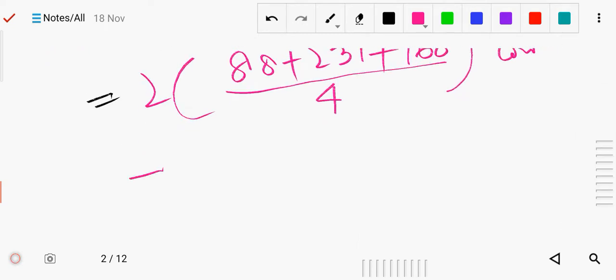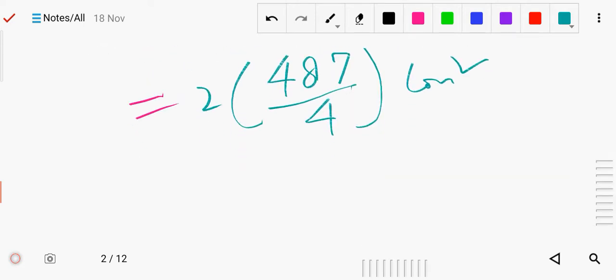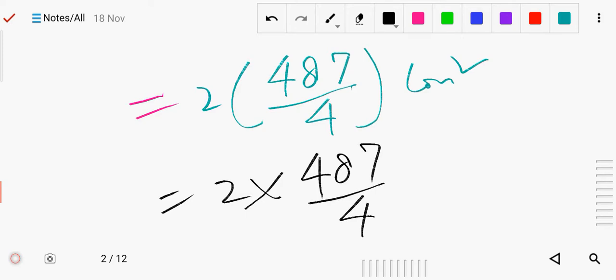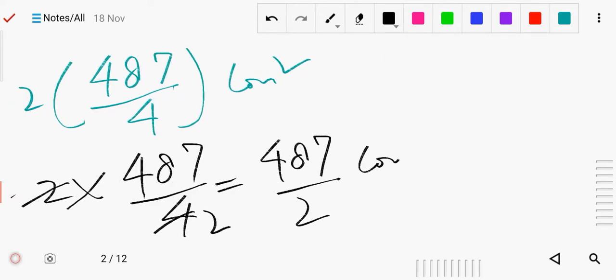Now 88 plus 231 plus 168 is 487 by 4 centimeter square. Now we can remove the bracket, 487 by 4, and this 2 will cancel 2 times. So now it is 487 by 2 centimeter square.